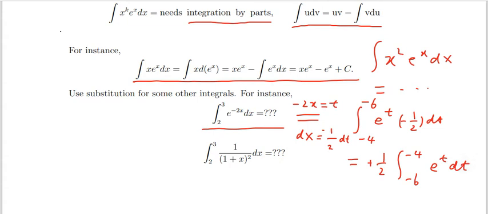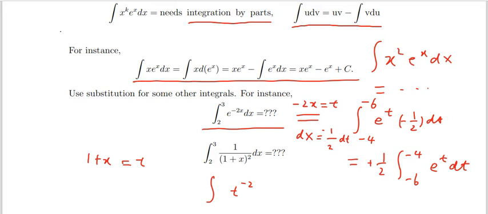For this one, I only know t to some power. So I just let 1 plus x equal t. So this integration becomes t to the negative 2, right? Then we change dx to dt.